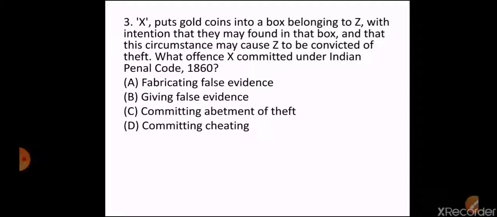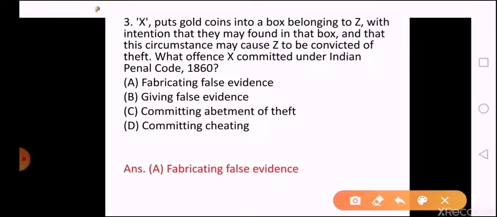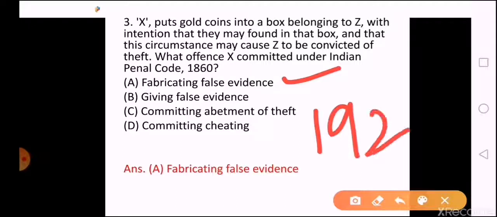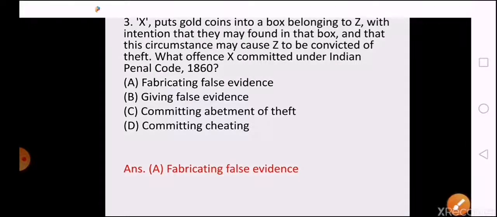So, the correct answer is option number A, that is fabricating false evidence. Here it is fabricating false evidence, and it has been given under section 192 of the IPC. So, for this you have to read section 192 and there you will get the answer.